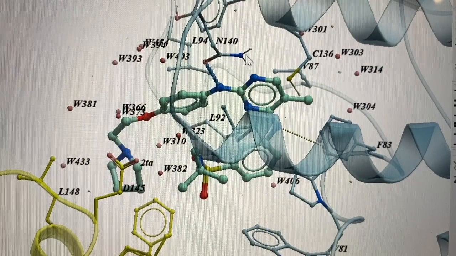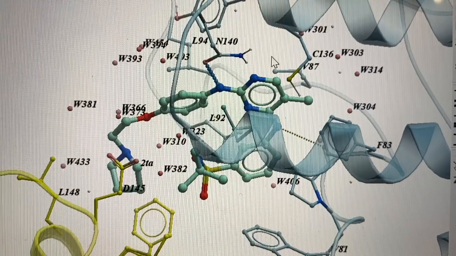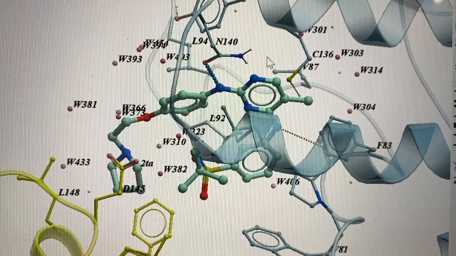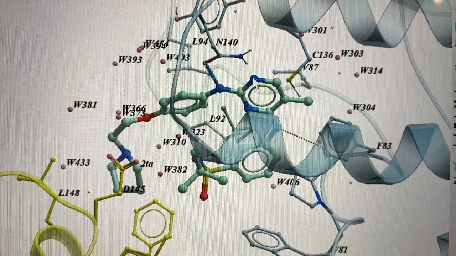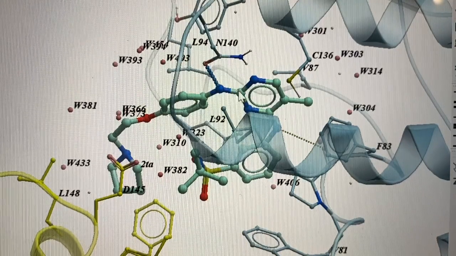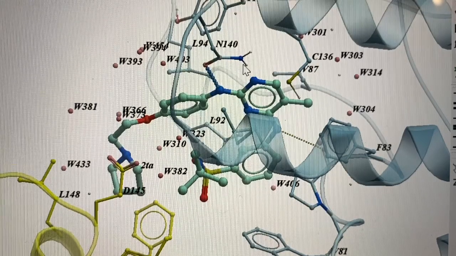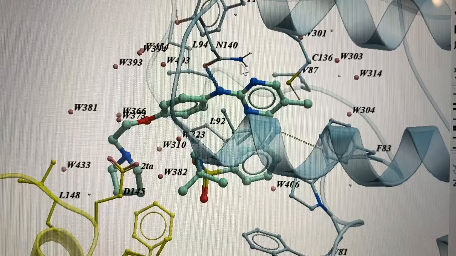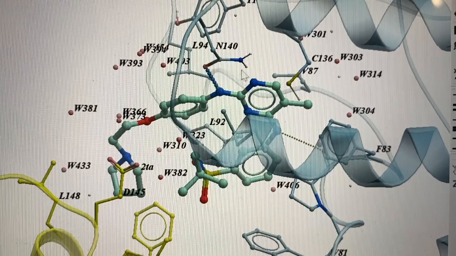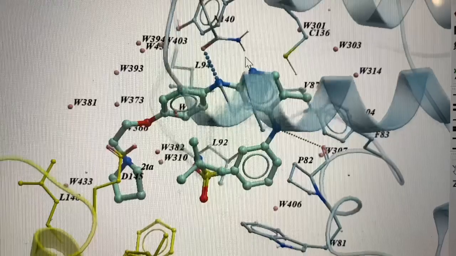So Fedratinib revealed an acetyl-lysine mimetic binding mode where the secondary amine nitrogen here, as well as the nitrogen present in the 5-methyl pyrimidine ring system, they form the two hydrogen bonds with the amide group of the asparagine amino acid, which is this N140 portion here.